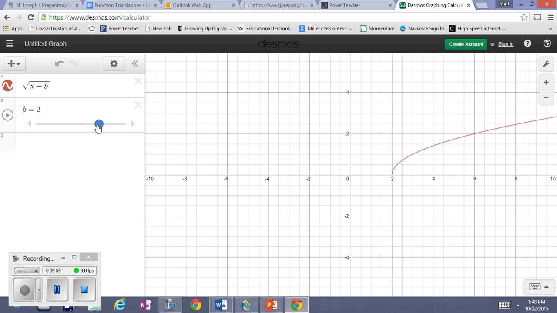What's it do for b values positive? What's it do for b values negative?